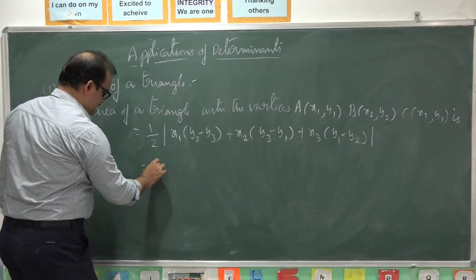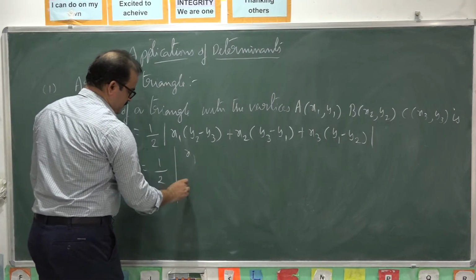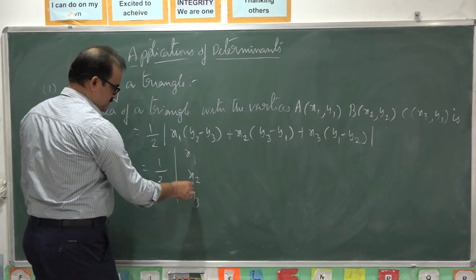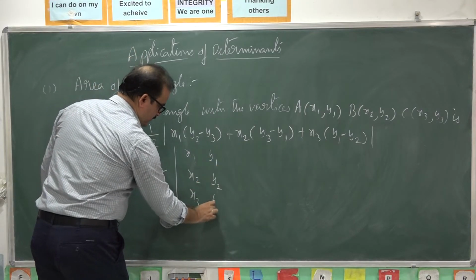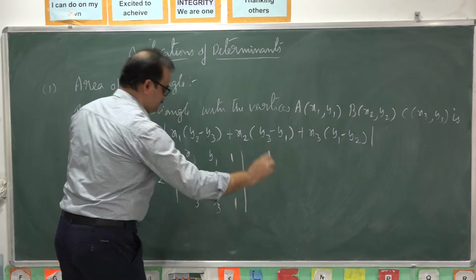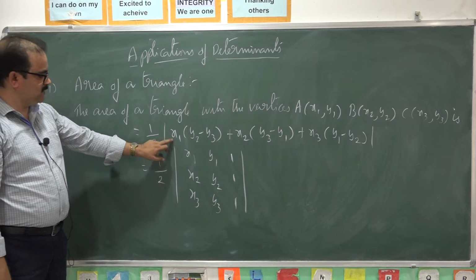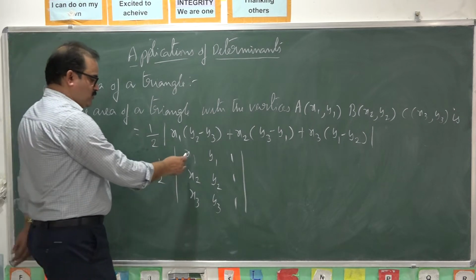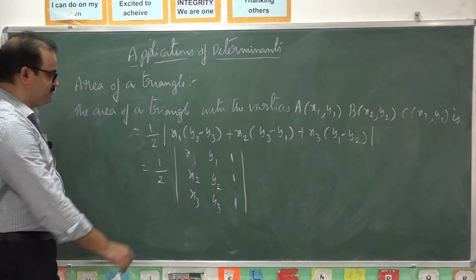We write this in determinant form as: first column x1, x2, x3, second column y1, y2, y3, third column 1. We may write this area in terms of determinants in this form. Now we see the expansion of this determinant.